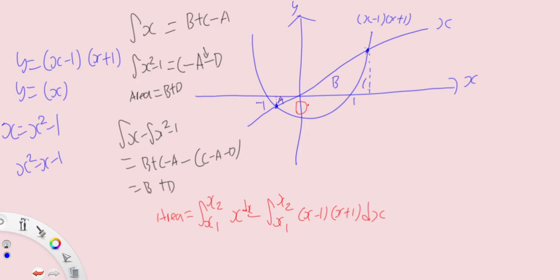Then you use it to find the other graph. And usually you add them up together, you get the area that is left out, and you would be able to cancel out the extra areas at the end, just that you have to be careful of how you put the negative sign. All right, so yeah, there we have it. Find the area bounded by two different graphs.